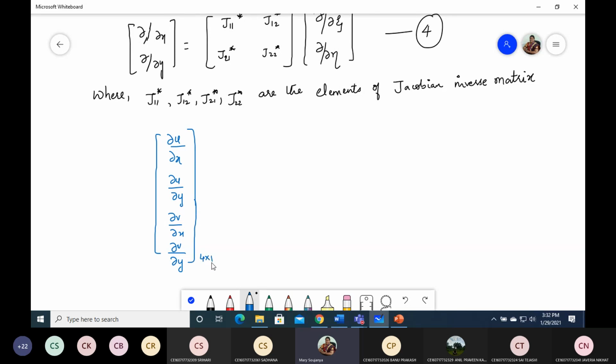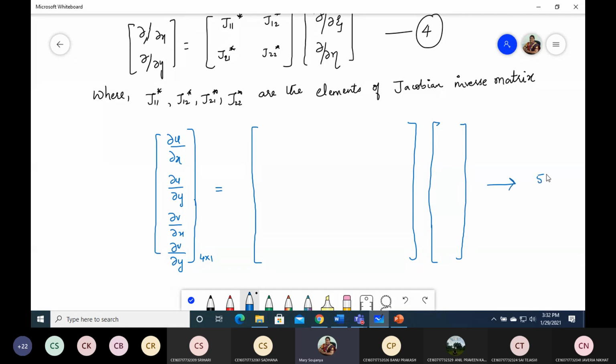This is a 4 by 1 matrix, which will be equal to the matrix that relates the global Cartesian system to the natural coordinate system, taken from equation number 4. If it is u here, it is going to be u again: dou u by dou xi, dou u by dou eta, dou v by dou xi, and dou v by dou eta.